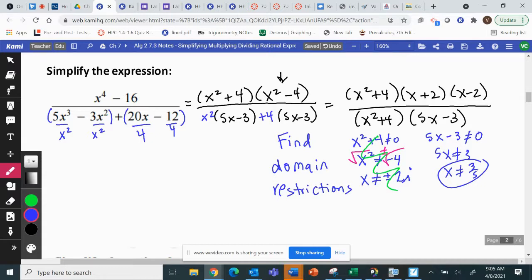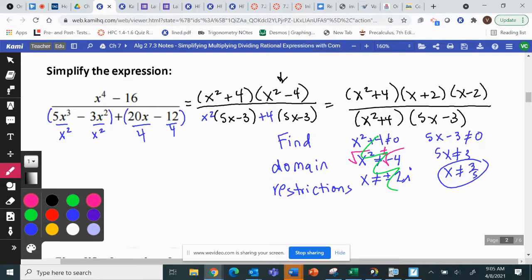Now we proceed, and our next step is cancel. Does anything cancel? Any of the factors cancel? Holland, do any of the factors cancel? 4 is not a factor, but in parentheses, what would it be?